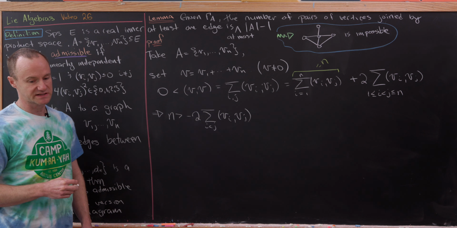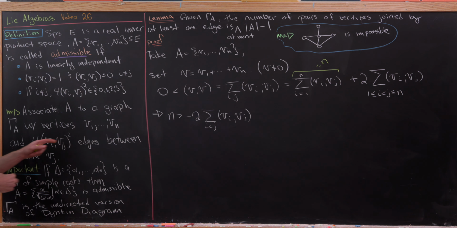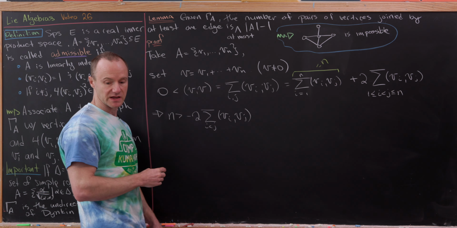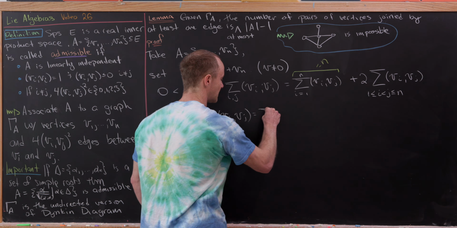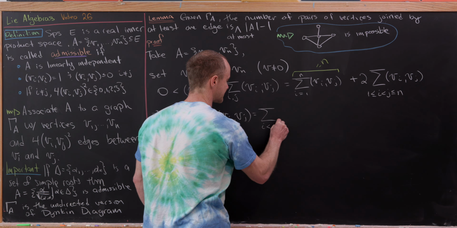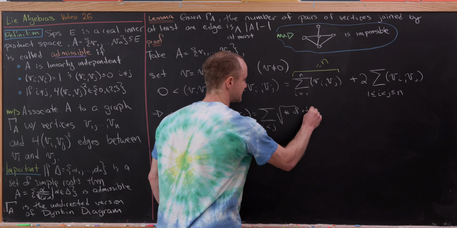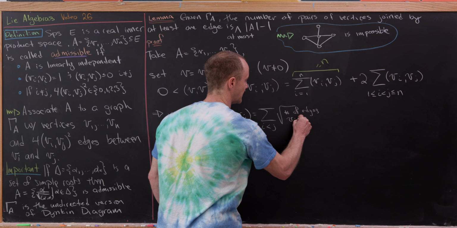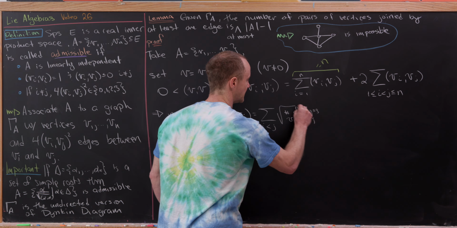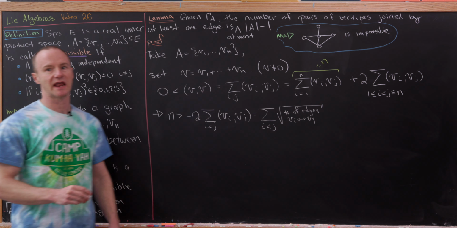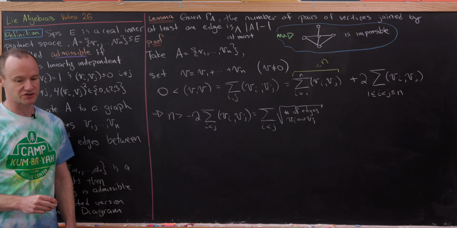But now let's observe from this setup over here, where this represents the number of edges between vi and vj, that's going to be equal to the sum over all i less than j of the square root of the number of edges from vi to vj, or really connecting vi and vj.